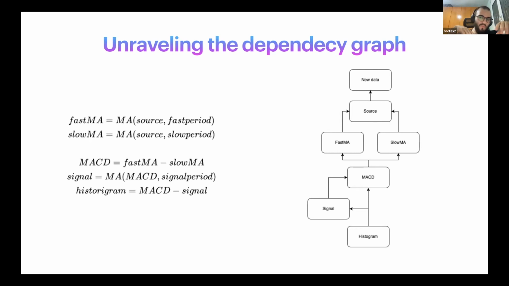So with this graph in mind, can we create each of these in a way that are on their own data structure, instead of having to recreate in your mind this dependency graph every time that you need to calculate something?